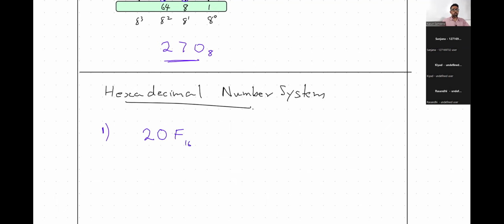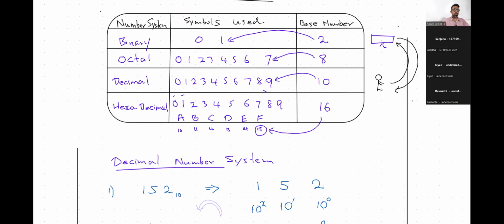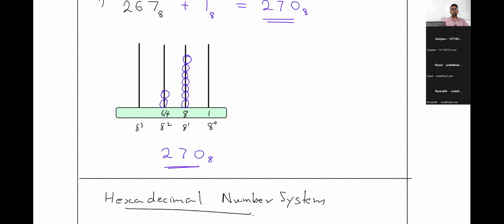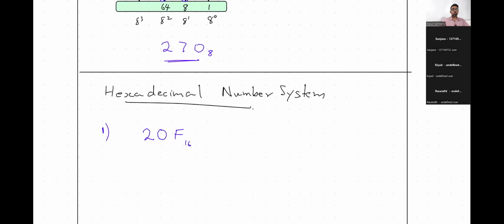What is F, lemma, in the hexadecimal number system? We mentioned here, F means 15. The value of F is 15, but that is not 1 5, just 15. Okay, think about there are 15 circles. And how are you going to represent this one, lemma?